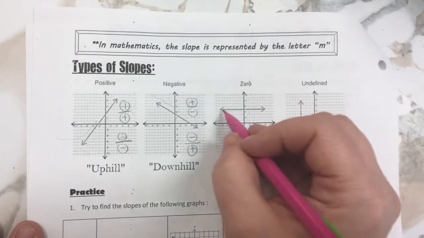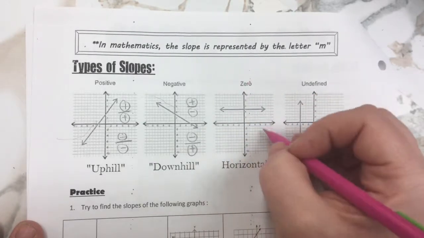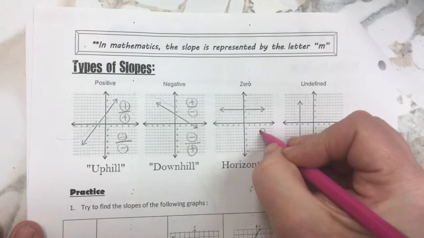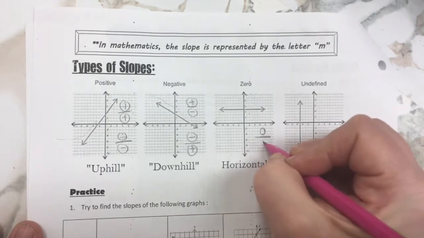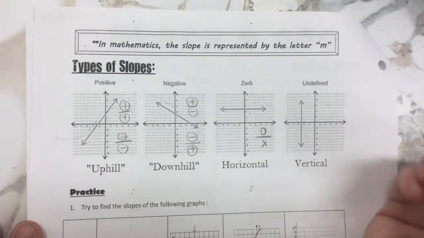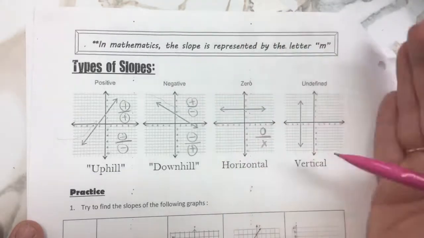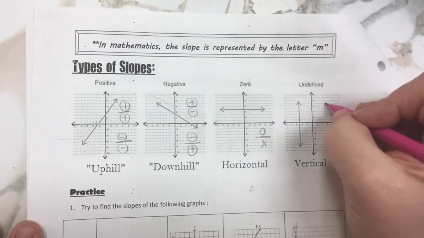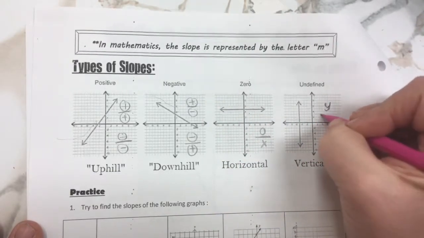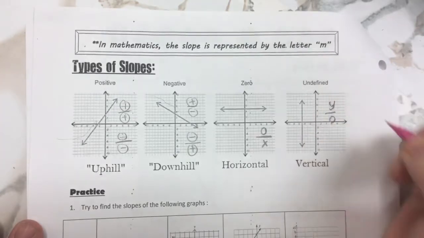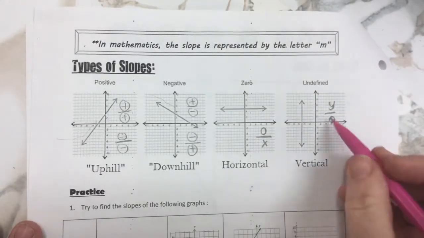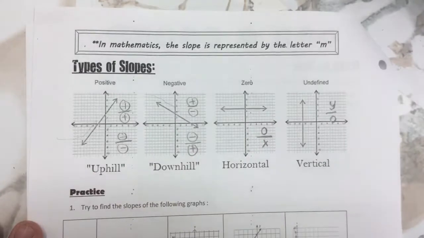A zero slope is when there's no vertical movement, okay? So if there's no vertical movement, it's 0 on whatever x does. And an undefined slope has no horizontal movement, which means it's going to be an up and down movement only, with no movement right or left. So that's what your slopes are going to look like, okay?